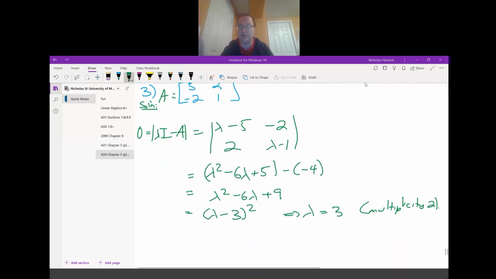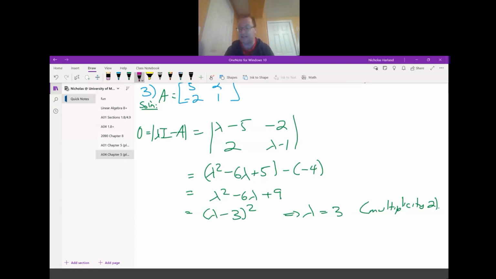So lambda is equal to 3 with what we really call algebraic multiplicity 2 because it comes from the algebra. Kind of implies there will be a second one. We call that foreshadowing. All right, so we got one eigenvalue. It did have multiplicity, but we got one eigenvalue, lambda equals 3. Beautiful first step for diagonalizing.